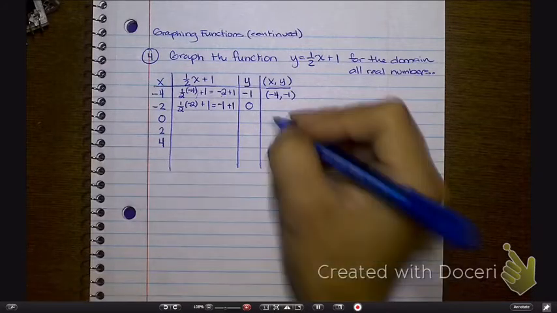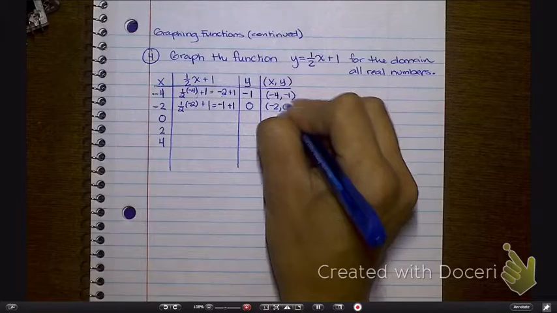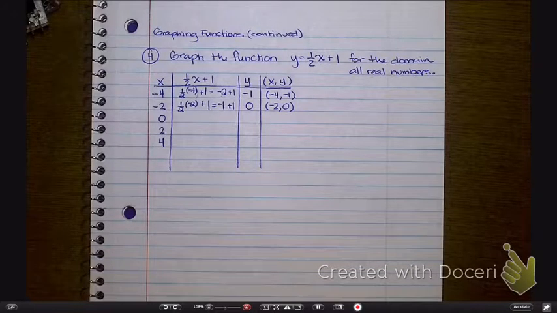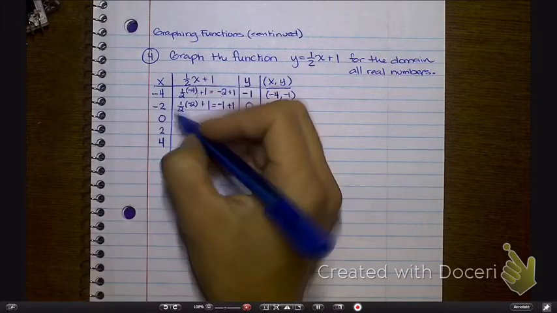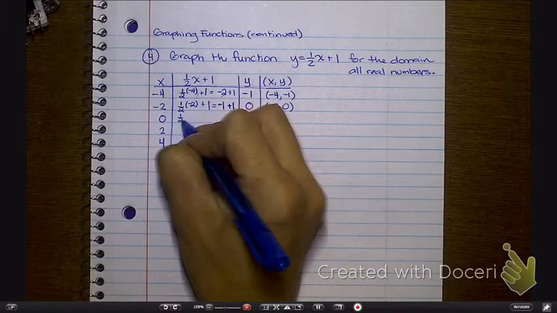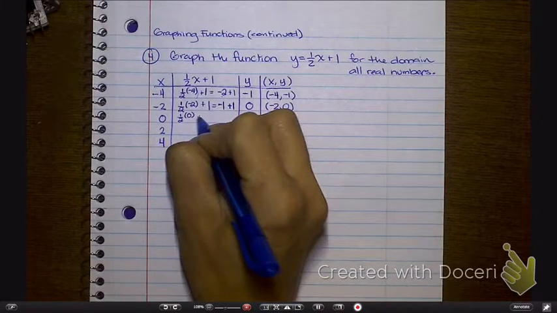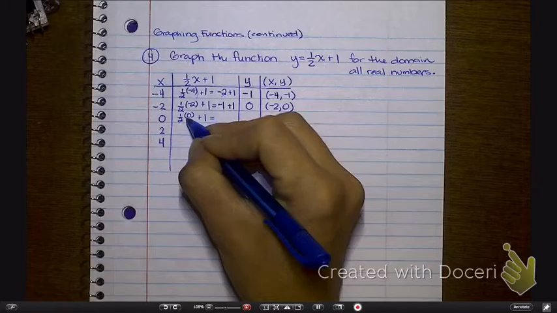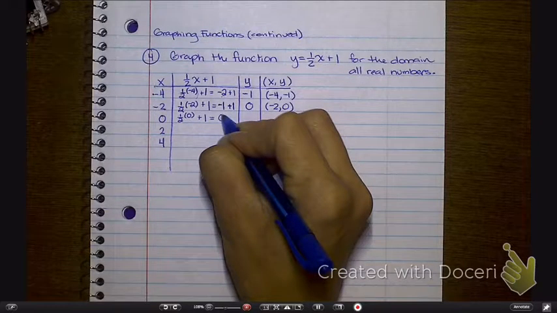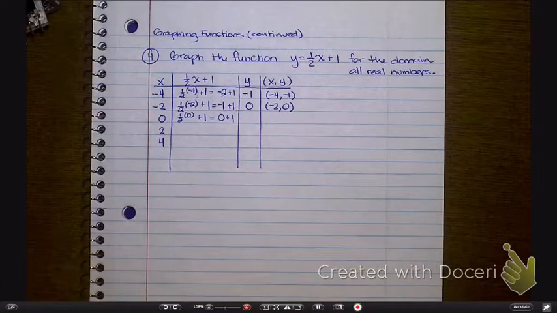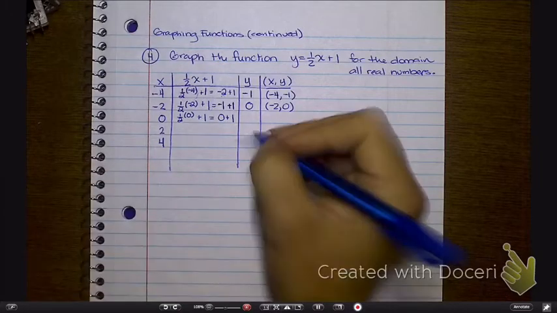Okay, so my next ordered pair is -2, 0. Okay, now we're going to do the fraction 1/2 times 0. Well, what's anything times 0? 0. So this whole thing makes 0 plus 1. So we get 1.